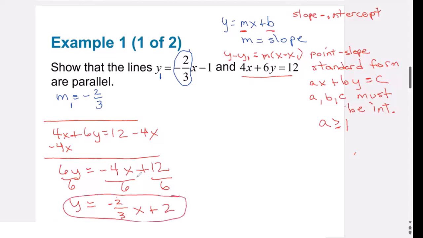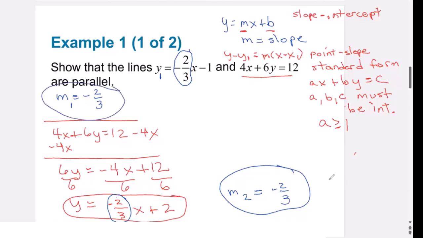So now I know that the slope of the second line is again equal to negative 2/3. I have the same slope for both lines, so they must be parallel.